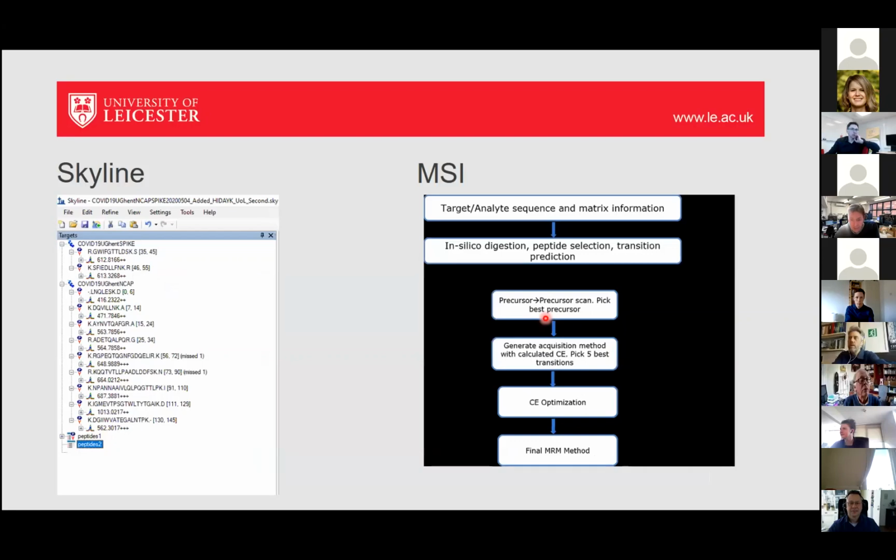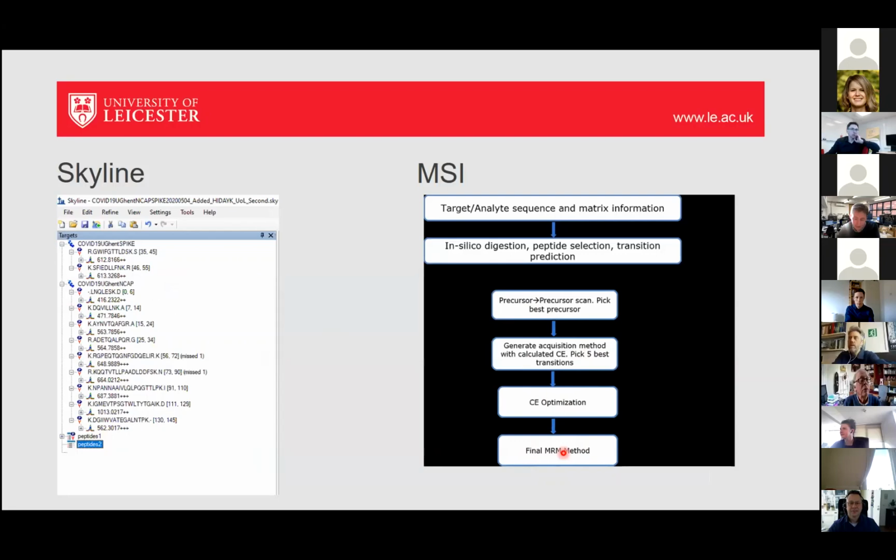Where MSI, MassLink Skyline interface, works is by taking the method from Skyline. It will then create a series of all the possible transitions through a series of iterative injections. It will pick 5 of the best transitions, and on those 5 transitions you will then get collision energy optimization, and then you get the final MRM method.